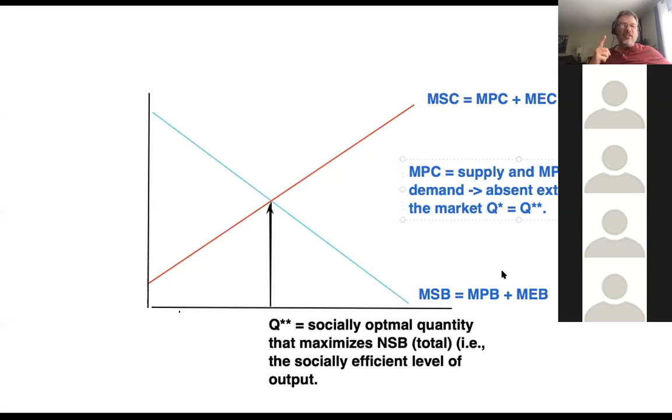And the only reason that's bad is that if they were able to capture that external benefit, then they would have more money to employ more resources to do that in maybe a better way, right?